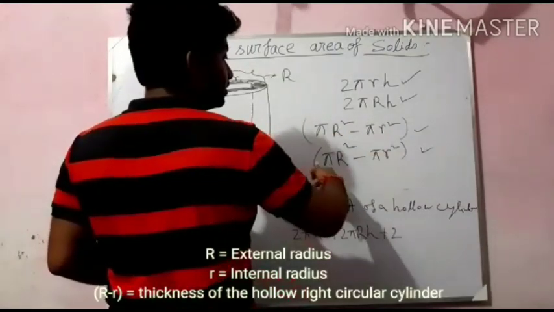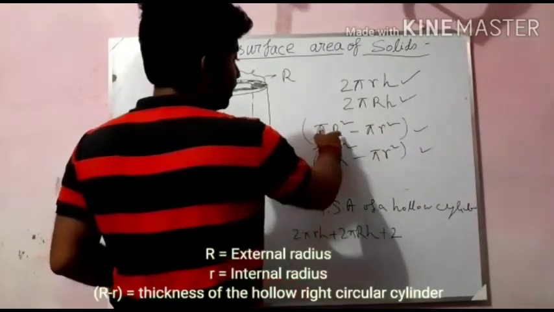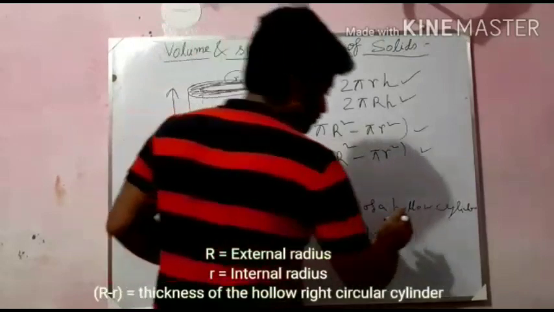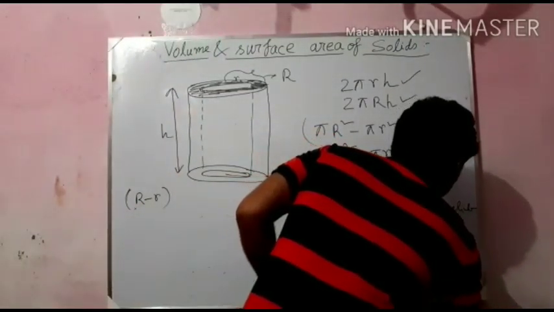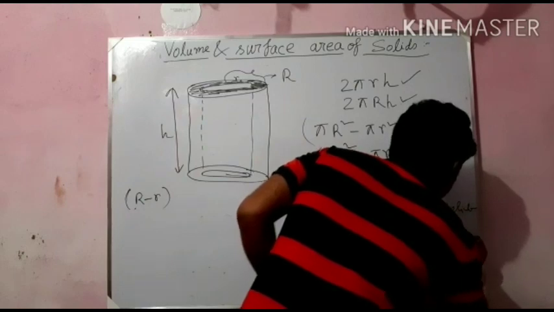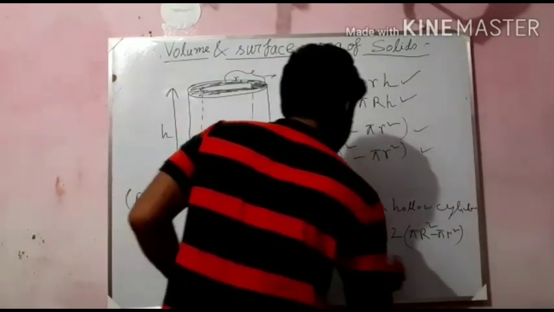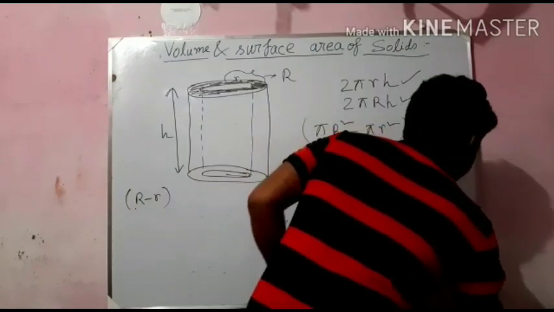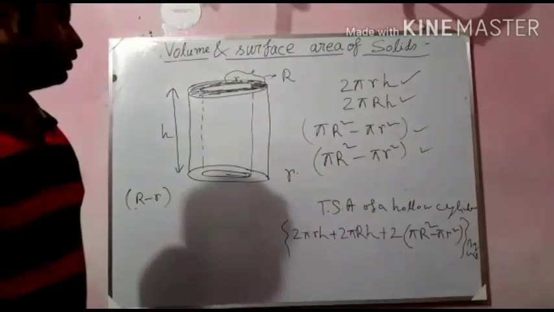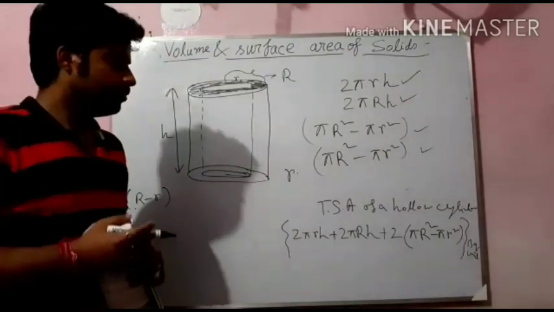See, these two are the same things. We can write 2 into pi R square minus pi r square square unit.